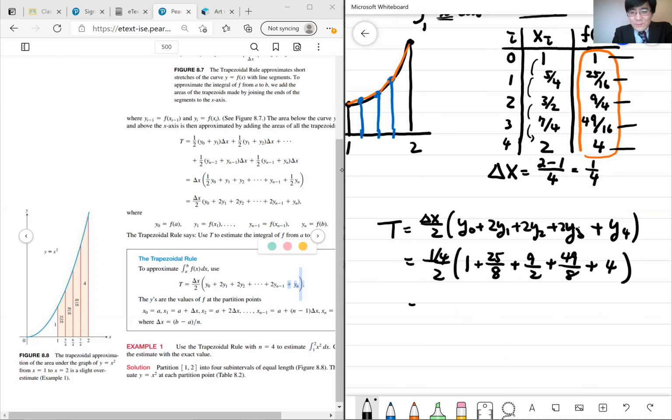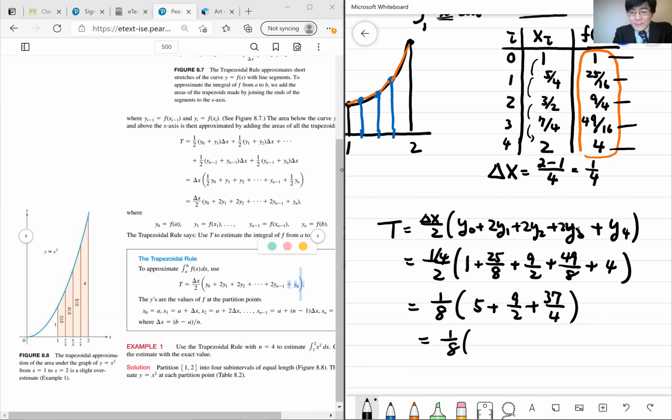It's not a simple value, but it's going to be 1/8 times 5 plus 9/2 plus, it's going to be 74/8. 74/8, which is 37/4.